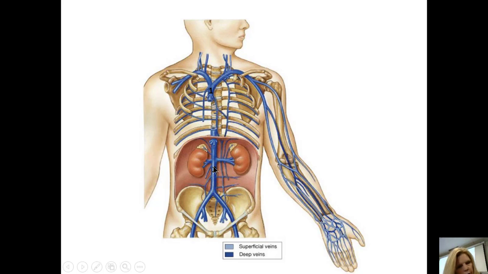Then again, this inferior vena cava branches right at the level of the hip over the ilium to form the common iliac vein. Then it branches, just like we said on the arterial side. So we have the internal iliac vein and external iliac vein coming down, just like we saw with the arteries.